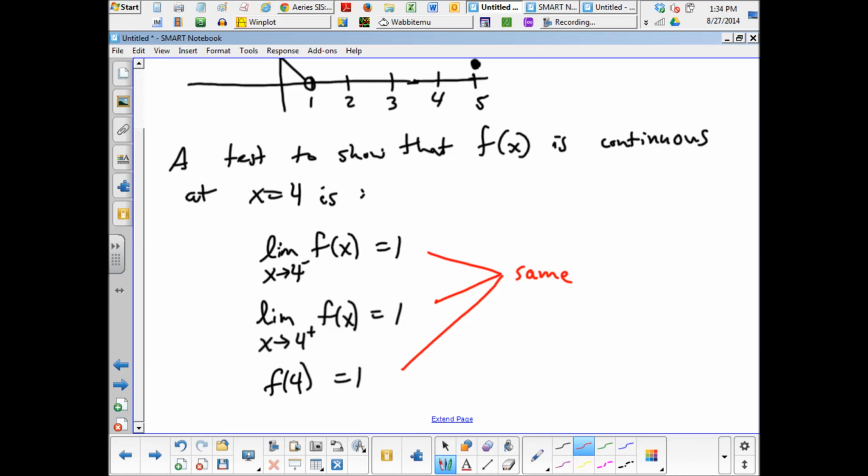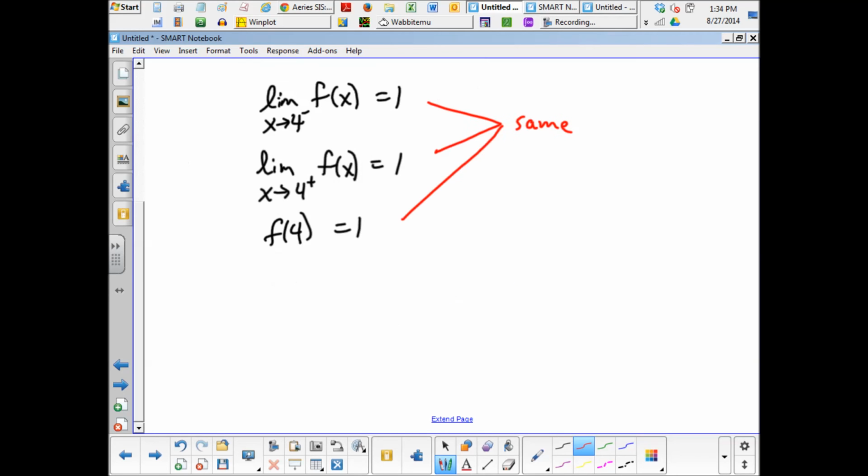Okay? If you want to make it a little tidier, you can just write the limit as x approaches 4, is this equal to f of 4? This is another way to show your work. And then you would evaluate this limit, and you would evaluate f of 4, and you would say, yes, they're both 1.